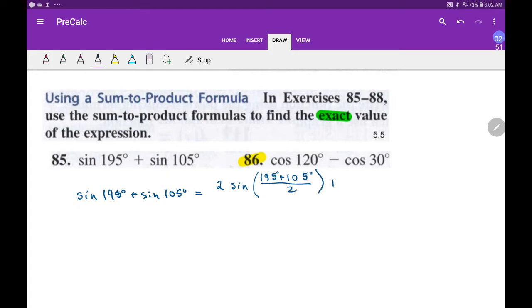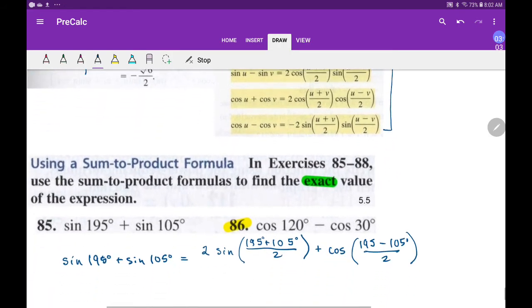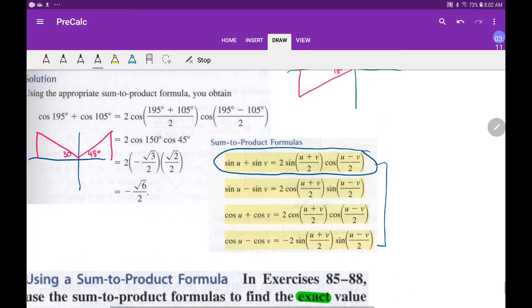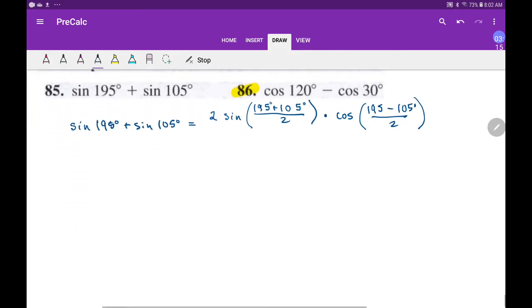And then we'll say plus cosine of 195 minus 105 over 2. Let me make sure I did that right. Oh, it's not plus. We're going to the product. Okay, so I'm wrong. The name says product, so there we go. I'm multiplying. All right, there I got it. You can see I don't have it memorized.